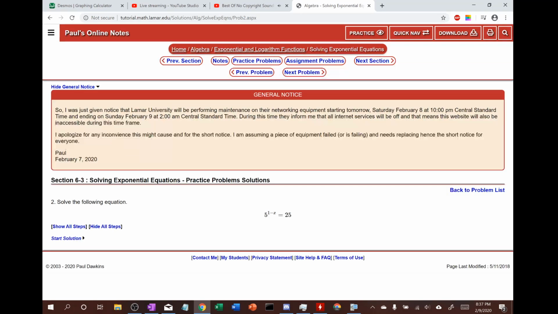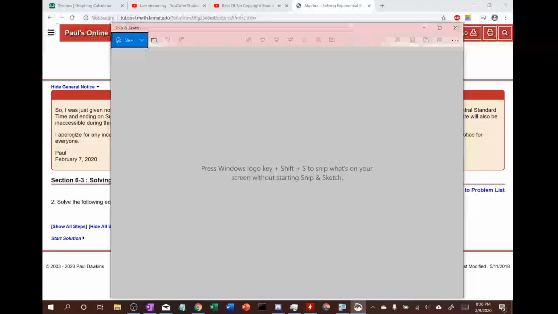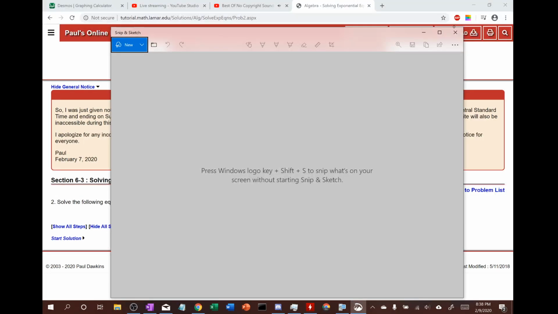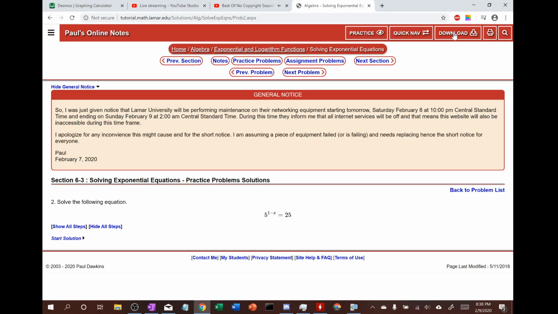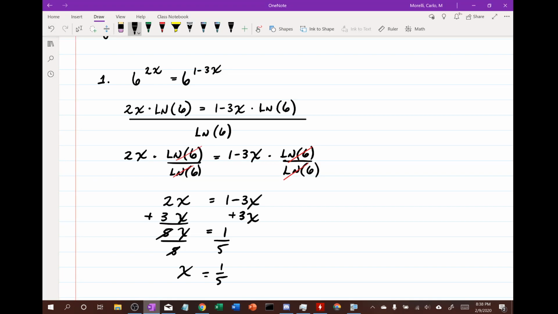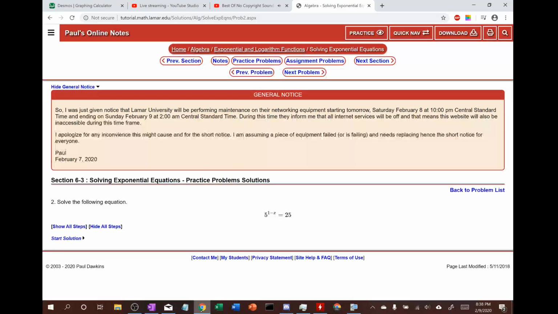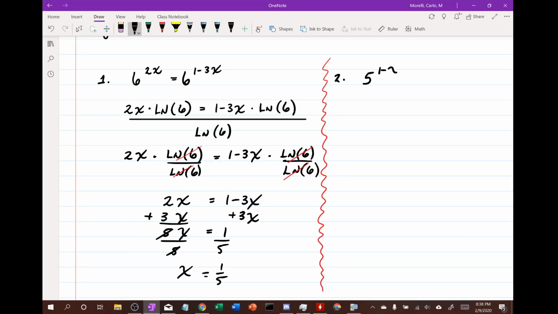Okay, so here's the next problem. Well, I'll just write it. Five raised to the 1 minus x equals 25. Okay, so this is number 2. 5 raised to the 1 minus x equals 25.